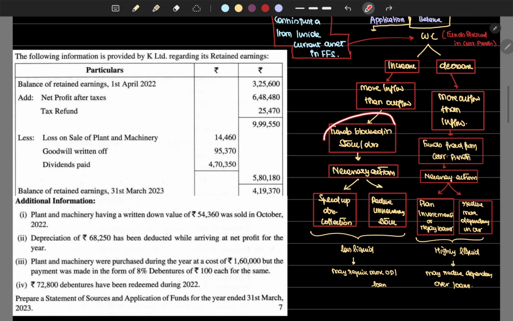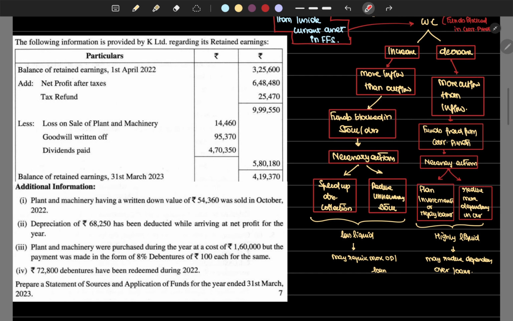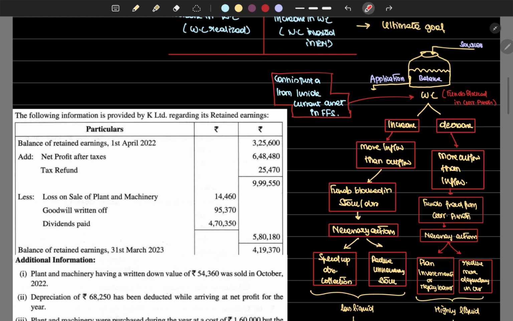If we have excess capital, we invest in the stocks and debtors only, so that will increase. What we have to do, if we feel there are a lot of funds blocked in the assets, is speed up the process of debtors collection and reduce unnecessary stock loading in the factories. And if there is more outflow than inflow, there is no application of funds, but there is a lot of money.